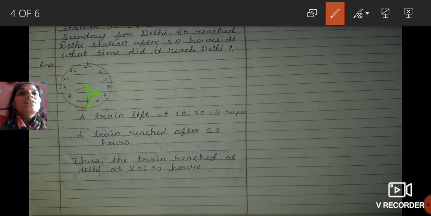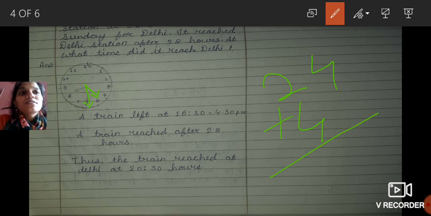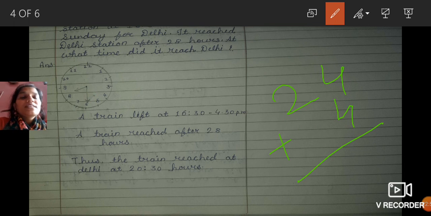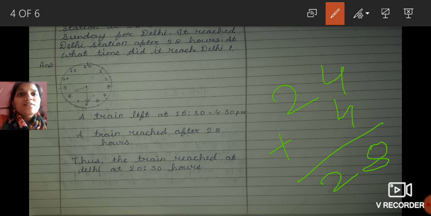When it completes 24 hours, that means next day 4:30, but 4 more hours, because 24 plus 4 is 28. So 4 more hours means 8:30.